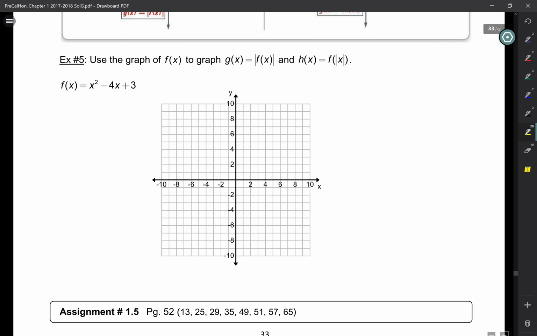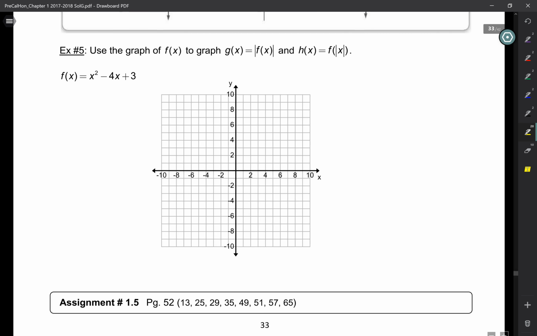Okay, look, x squared minus 4x plus 3. You can put it in the calculator, but who wants to do that? Let's factor. Do you guys remember how to put it in vertex form? Yeah. Complete the square, right?